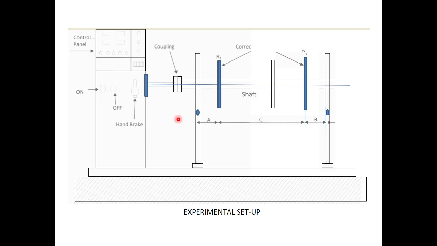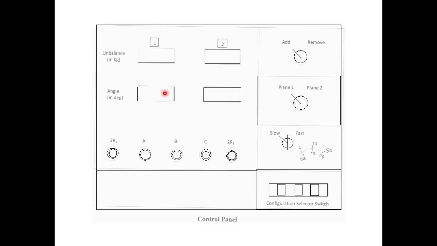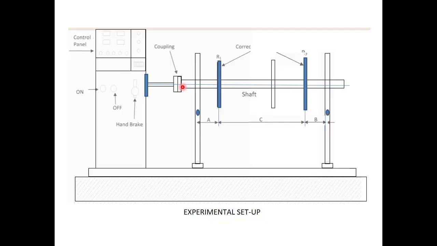So when it gives a reading of a certain angle, what we do is, from the initial trial run we had a position there, say we had attached a certain mass there for the trial run, that we can use to define the zero itself.